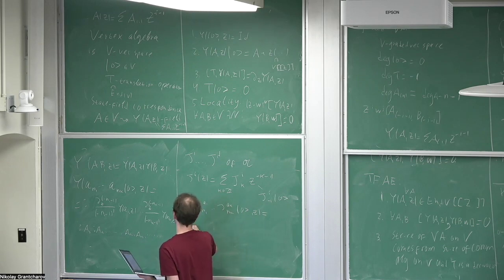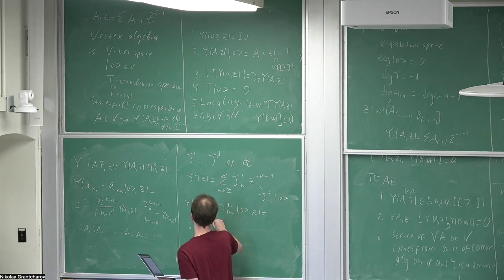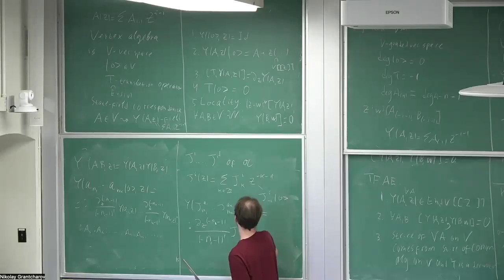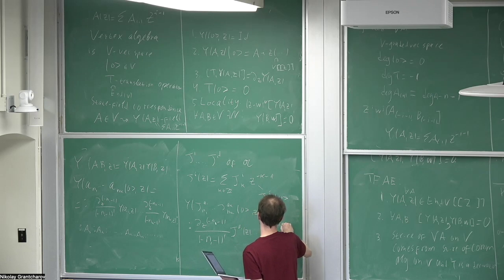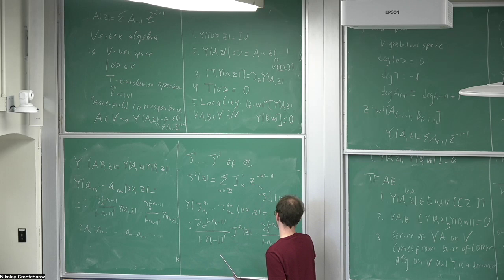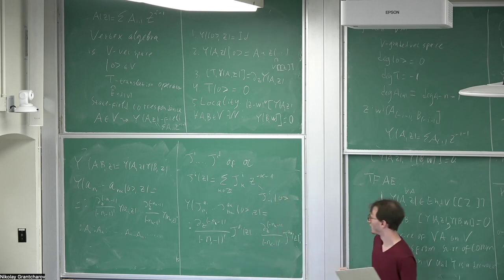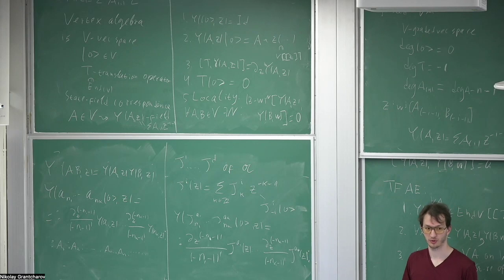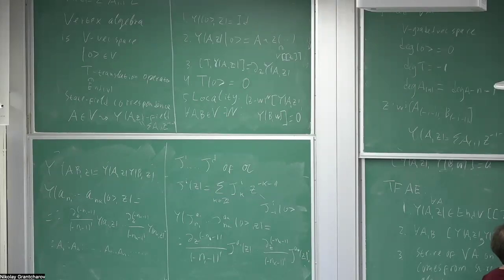It's the normal ordered product of the derivatives of the fields, divided by the factorials. So this is a structure of vertex algebra on the vacuum module over this A hat.